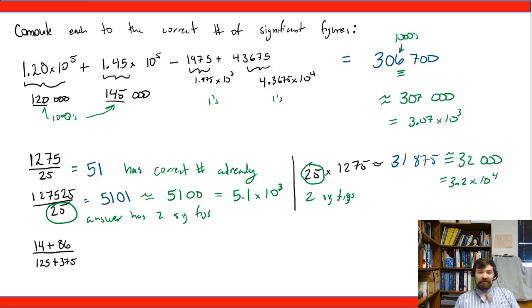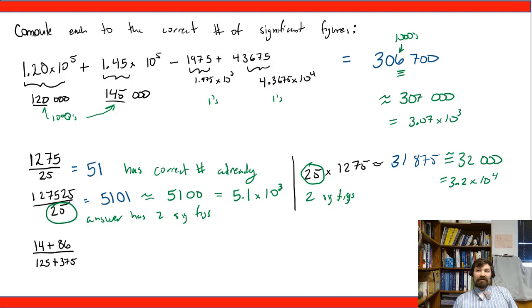Before I do this last one, a little side note. You may be wondering, what about these times 10 to the 5s up here? Does that count? The answer is no. The times whatever power part doesn't count as significant figures. Similarly, there are some numbers where you have an exact fraction in front of it.